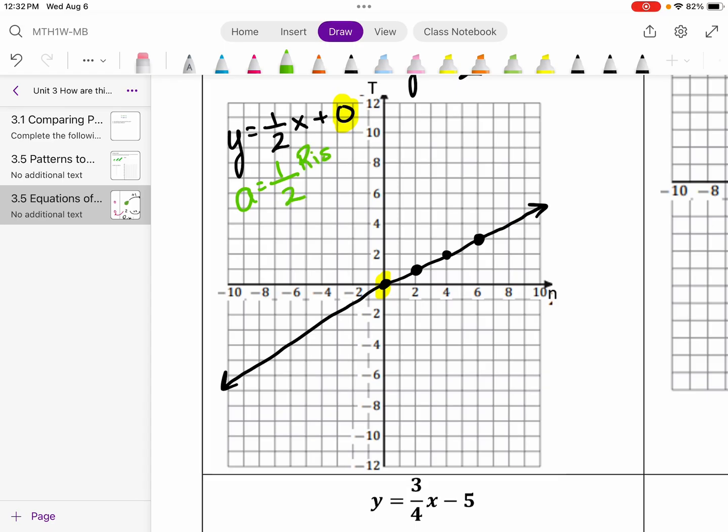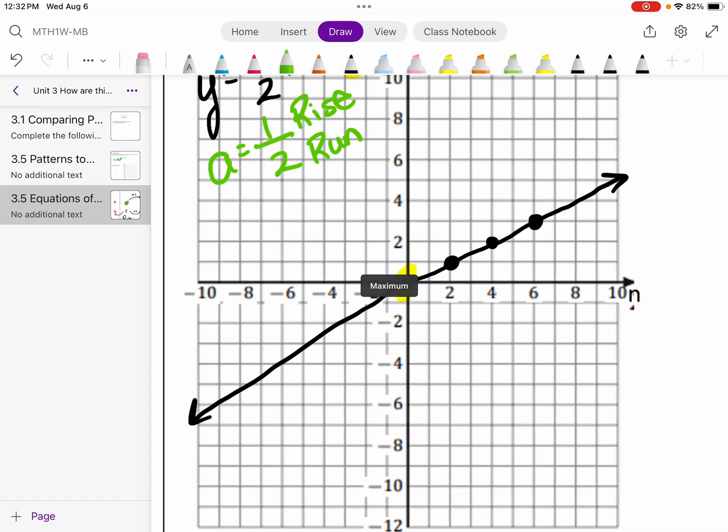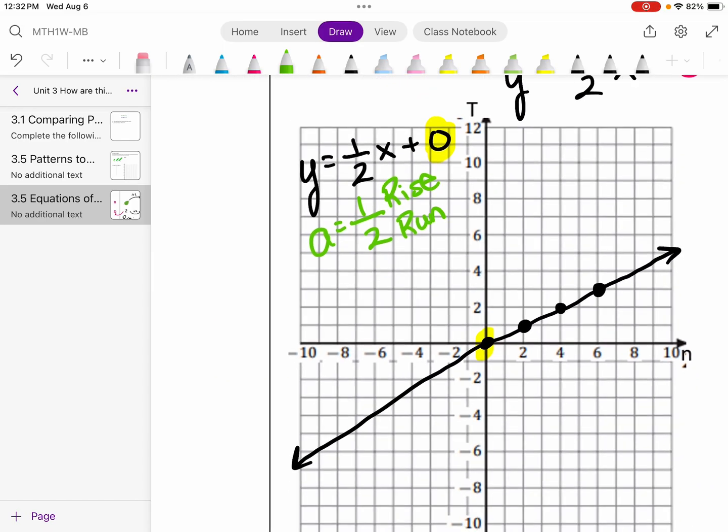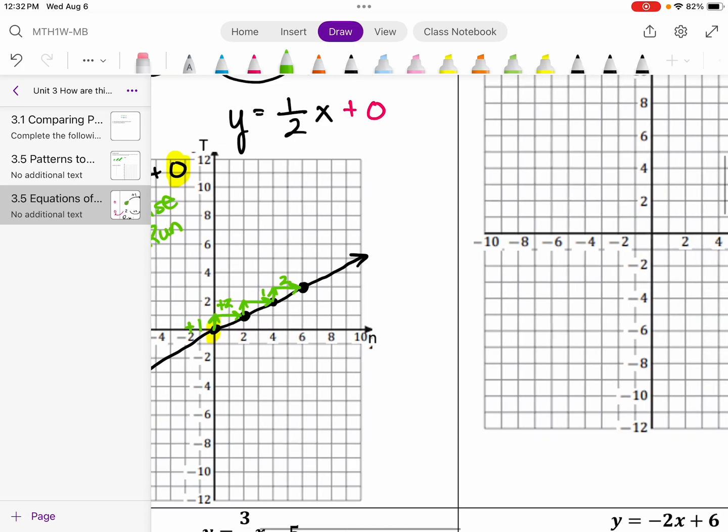So this 1 is my rise and this 2 is my run, meaning that I'm going to go up 1, over 2, up 1, over 2. This is my rate of change staircase.